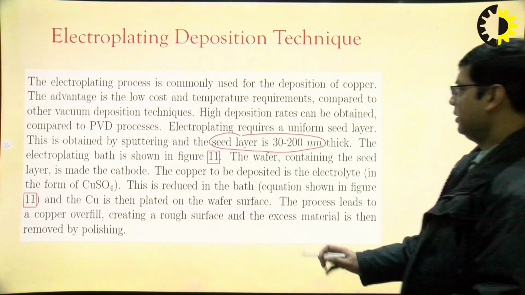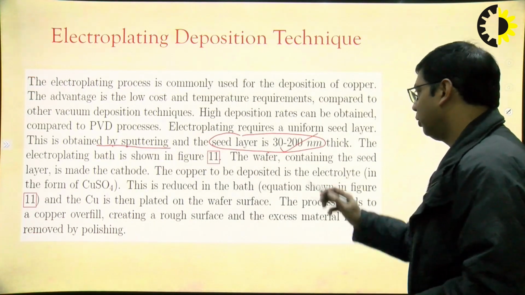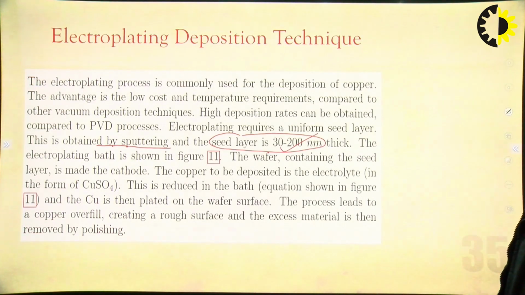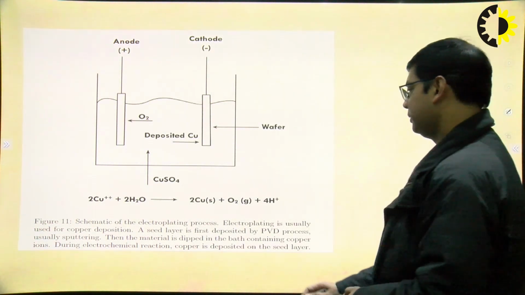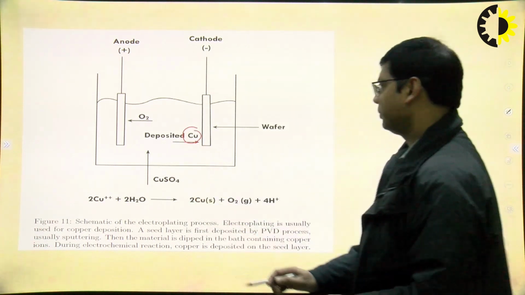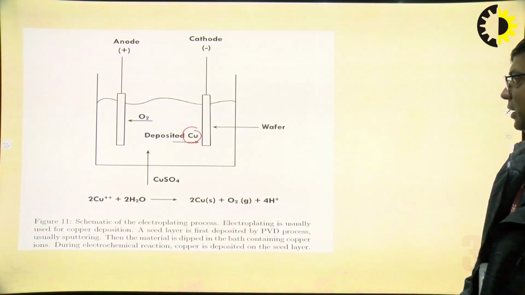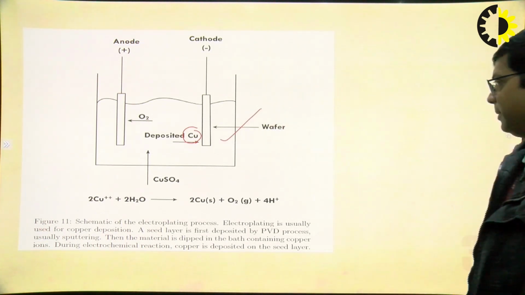So here, first, with the help of a sputtering technique, we create a seed layer of 30 to 200 nanometer thickness, and then using a bath, rest of the metal is deposited on the seed wafer.